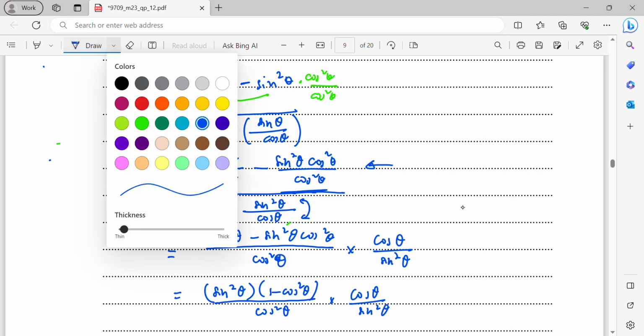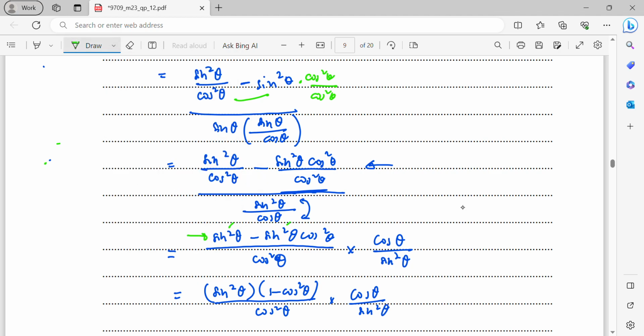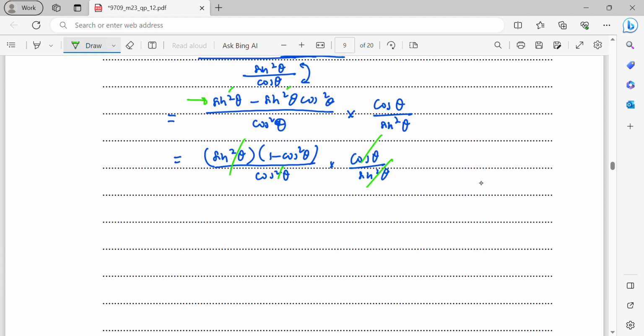So from here I can cancel off some of the terms, which means the cos theta will be cancelled off, but then the first term denominator still has degree 1, and then the sine squared theta will be cancelled off. Now you will be getting 1 minus cos squared theta over cos theta.